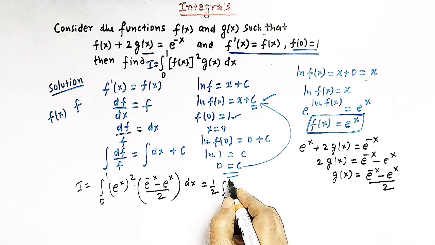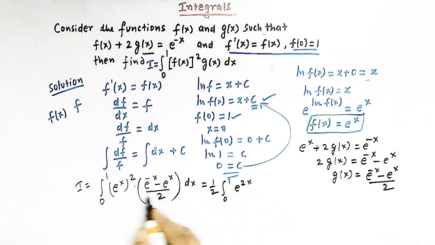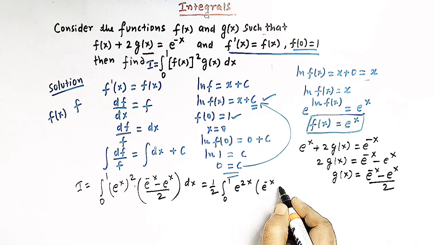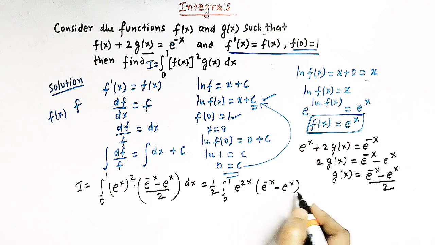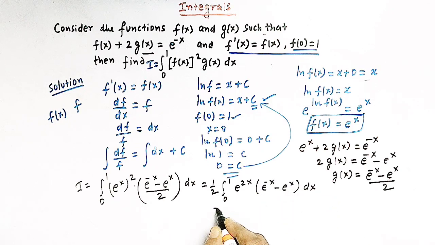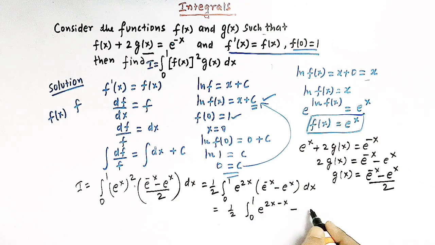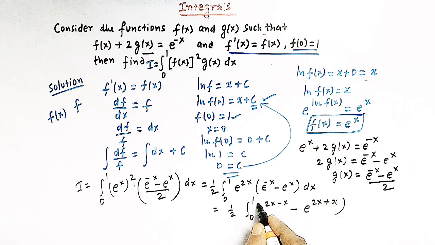We have 0 to 1 e raised to 2x, and here we have (e raised to minus x minus e raised to x) dx. So we can now write half, 0 to 1, and multiplying these two quantities by e raised to 2x, we have e raised to 2x minus x, then we have e raised to 2x plus x, right?